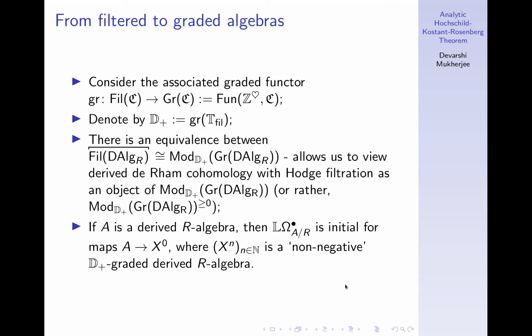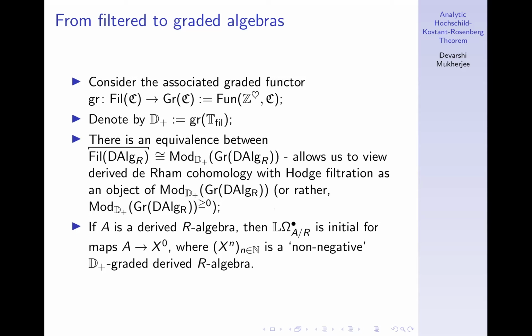Okay, now, as I was saying, this de Rham algebra with all its additional filtration structure, we can now view it as this graded object with this D plus action. And this D plus action, just intuitively, encodes the shift in the de Rham differential. So this is a higher algebra way of talking about a coherent cochain complex.